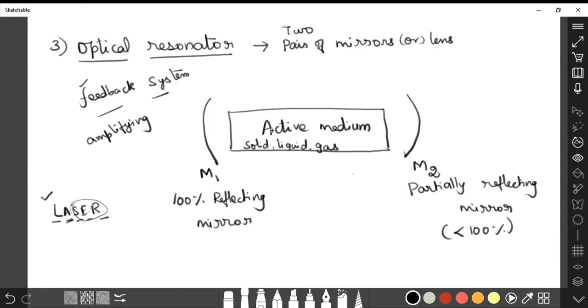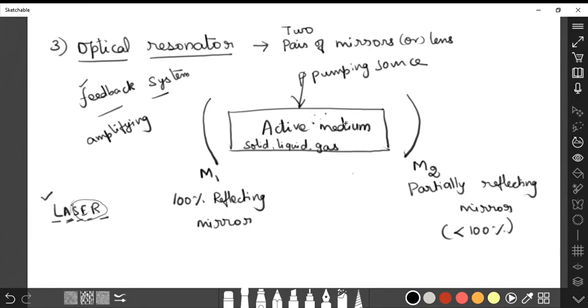So active medium atoms will be there, and due to the pumping source we are supplying the energy. So the atoms will go to the excited state. After going to the excited state, it achieves the condition of population inversion. Then stimulation takes place.